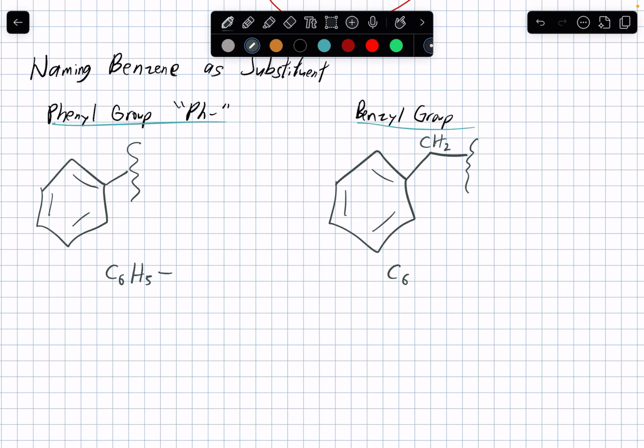This one is C6H5CH2 and then dash. So the phenyl group is formed by removing 1 hydrogen from the benzene C6H6. Okay, benzene itself is C6H6.